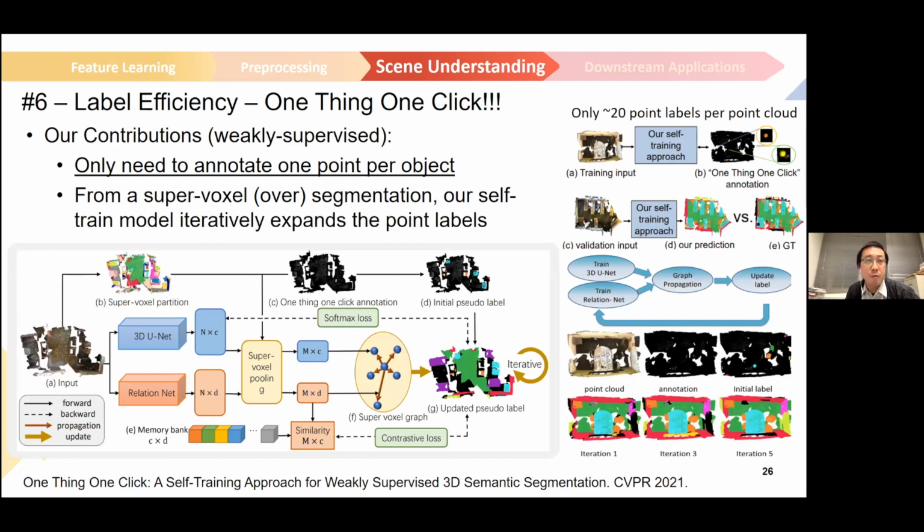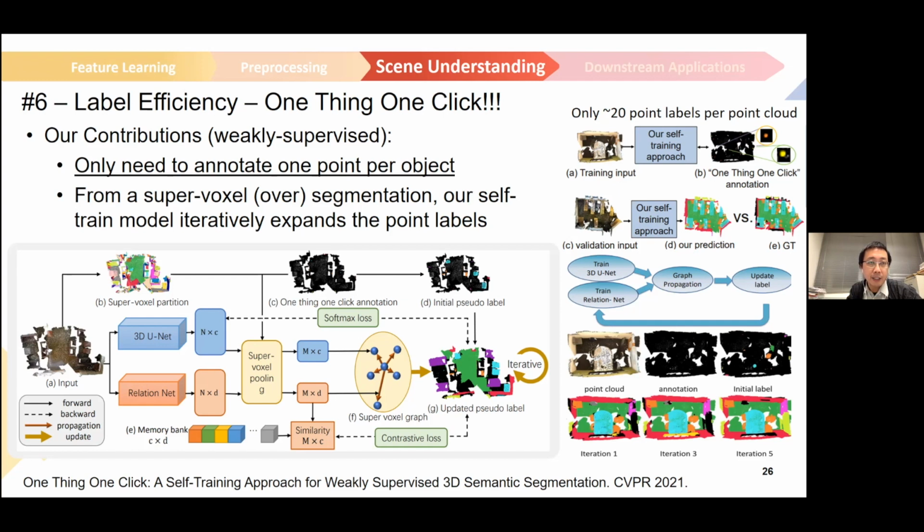Another approach that we have tried to reduce the annotation burden, or to make the label efficiency higher, is that we do not fully annotate the entire point cloud, but rather just provide one point for each object in the point cloud, as shown here.